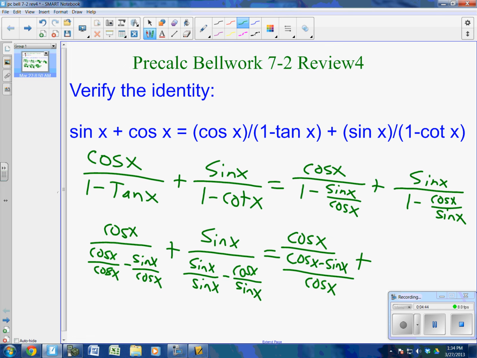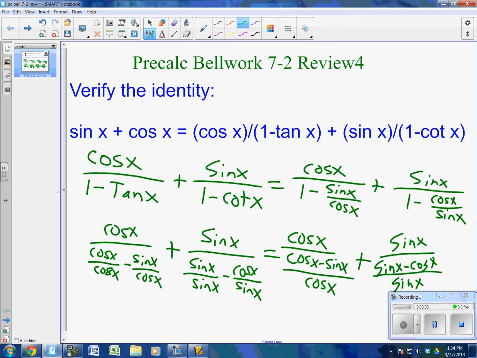And then on this one, I'm going to have the sine of x, right? And then I'm going to have sine minus cosine all over the sine, right?